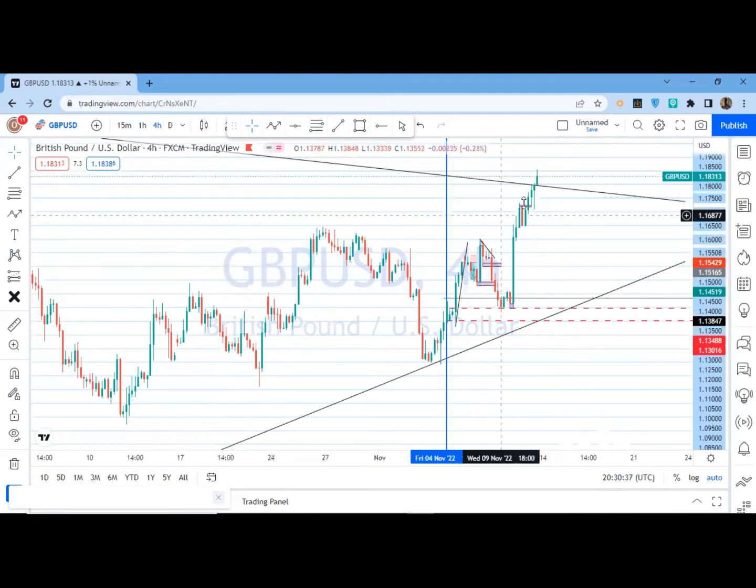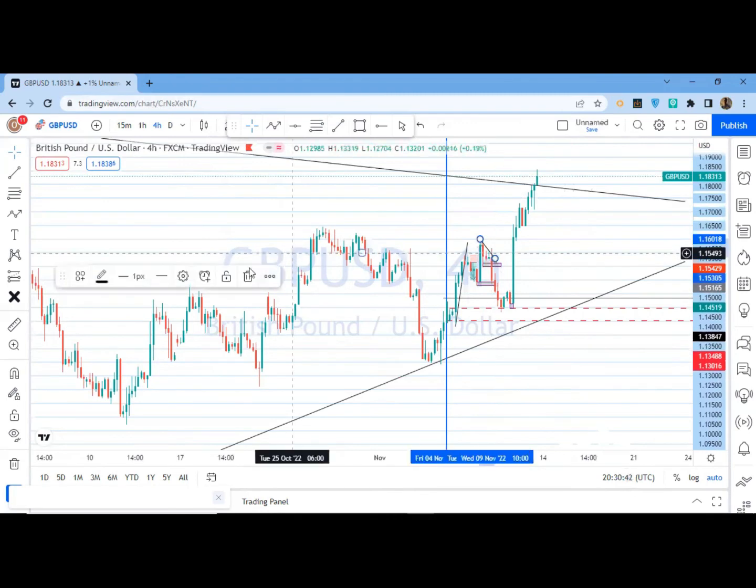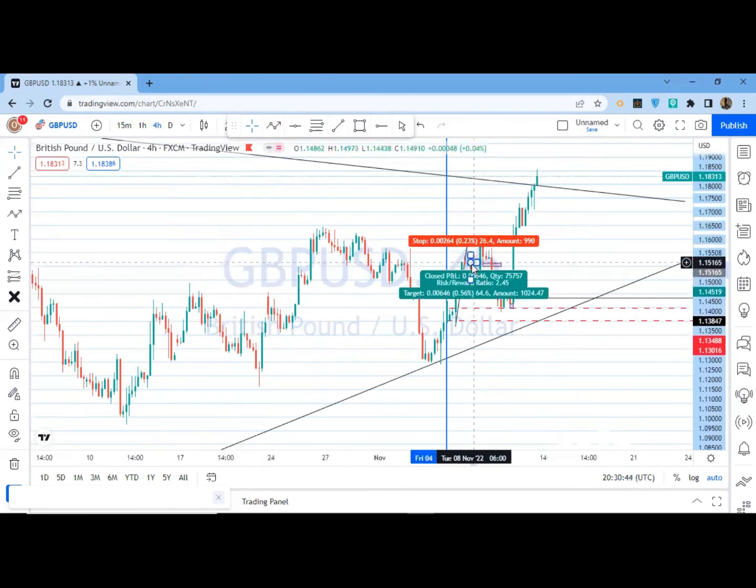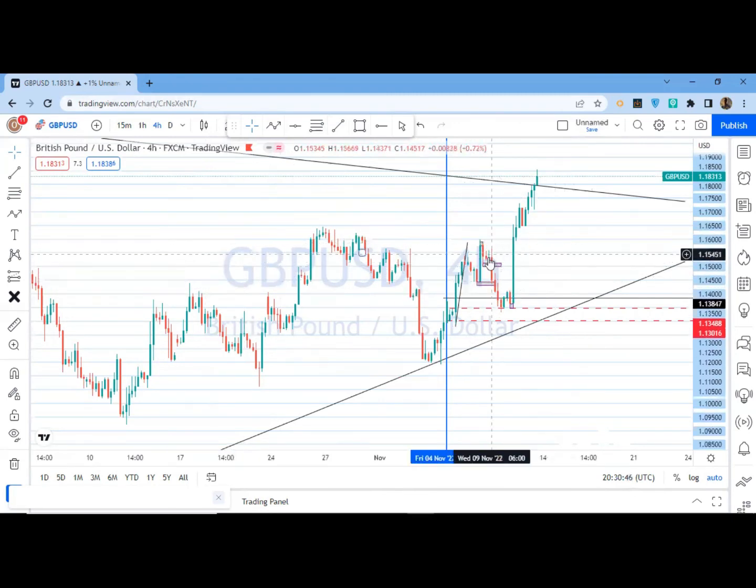I don't want to remove all drawings because the psychological levels are many, and putting them back is a problem. It requires a lot of time. I've had these blue lines for I think a year now, and I've never removed them.